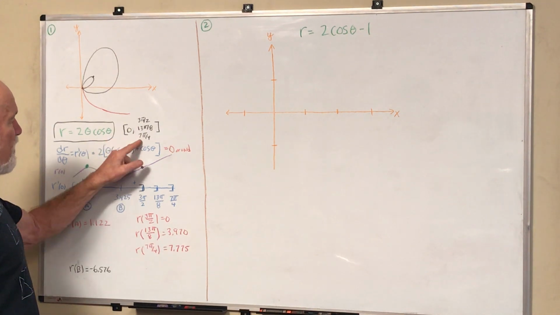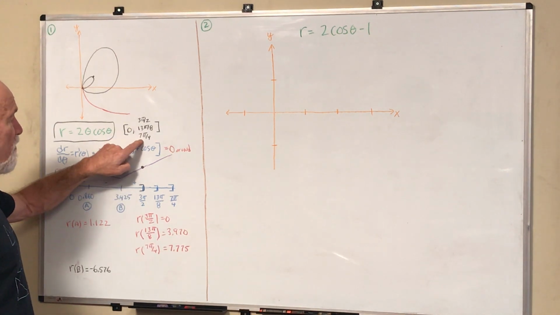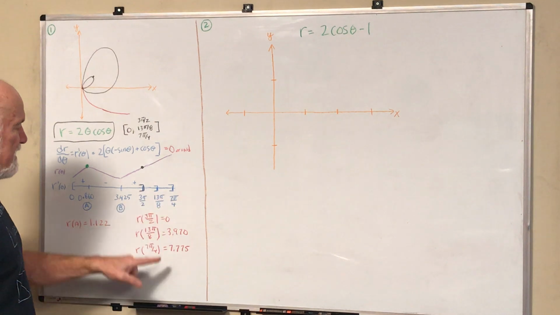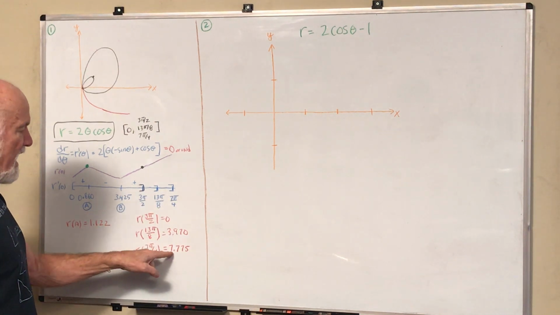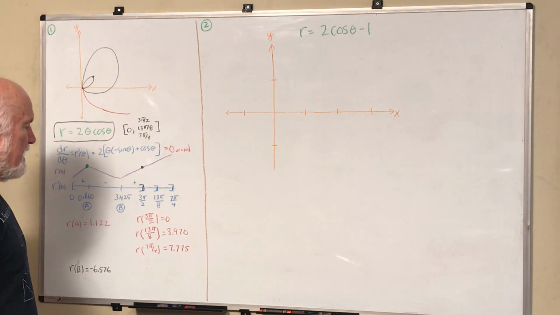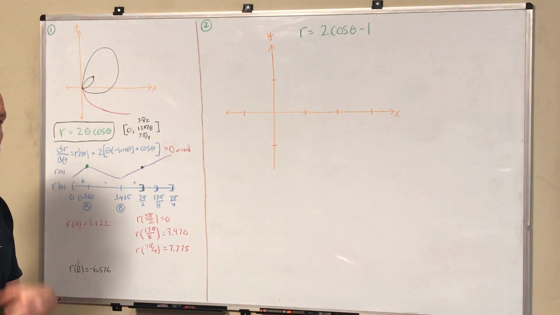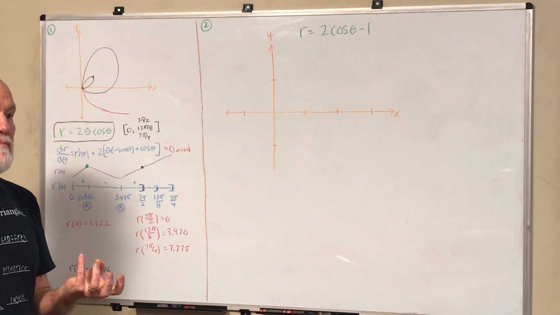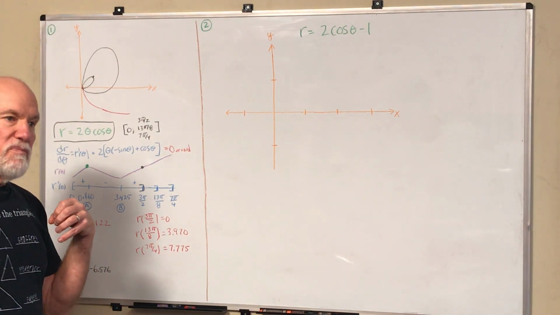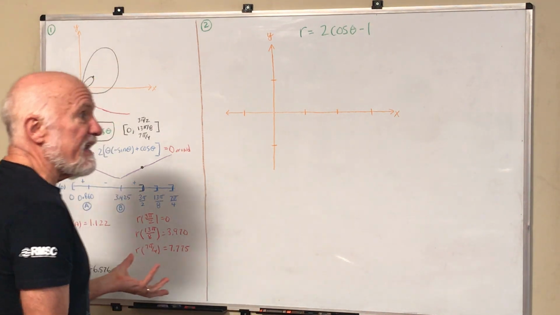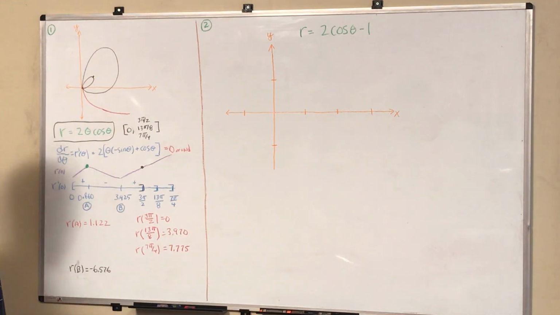And of course, if you went even higher to 7 pi over 4 as your endpoint, it gets a little bit higher. Now, that seems the way the analysis is, and many people would try to do that and just look at the chart and say that has to be it.